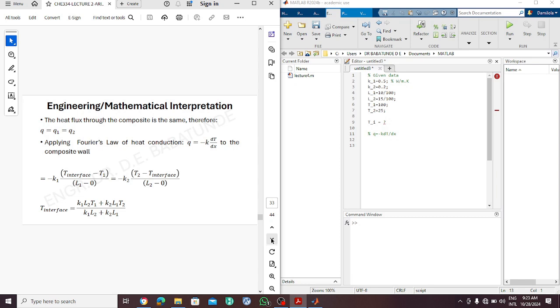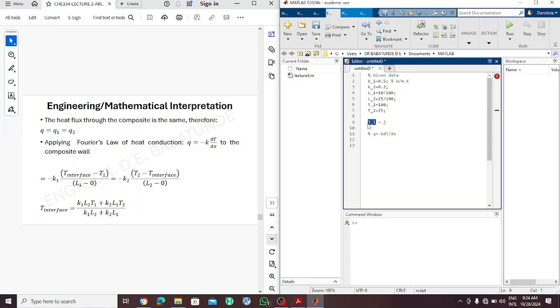So we said at the end of the day, it is going to yield for us T interface equal to K1 L2 T1 plus K2 L1 T2, divided by K1 L2 plus K2 L1. So that is what we need. We can say T interface is represented by Ti in this instance. You determine what you want to use to represent it.